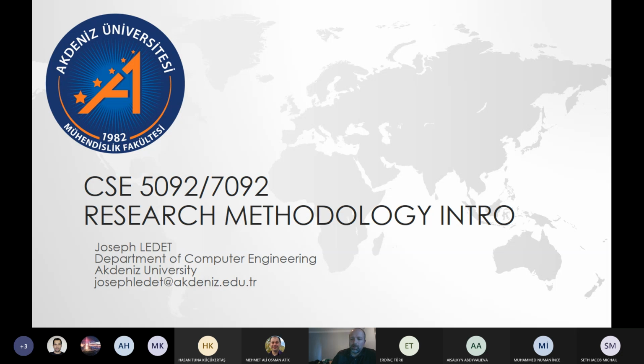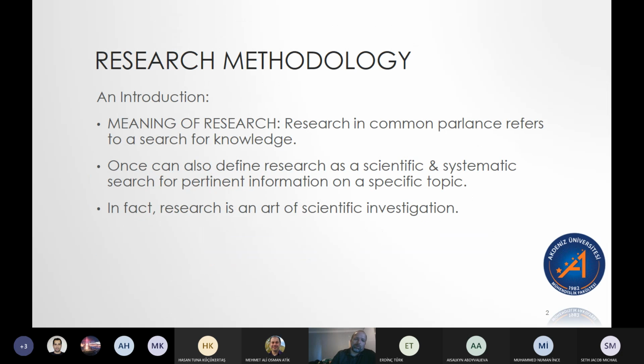Okay, so basically, if we think about research, what is research? The word in English, putting the "re" on the front of something often means to do it again. So research is often related to doing a search again for something.